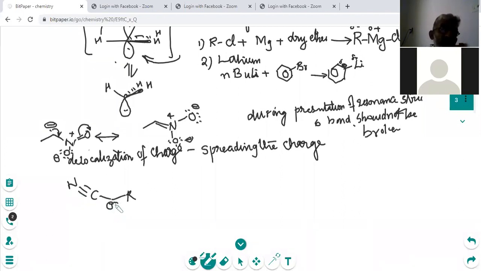Say for example, see here, this lone pair I'm shifting here, and this is getting shifted. Why? Because nitrogen is more electronegative than carbon, so the triple bonded electrons get transferred to the nitrogen. So this also is delocalized.